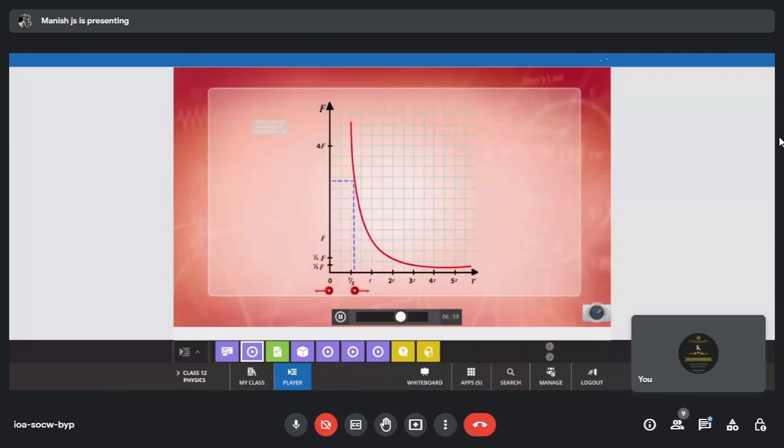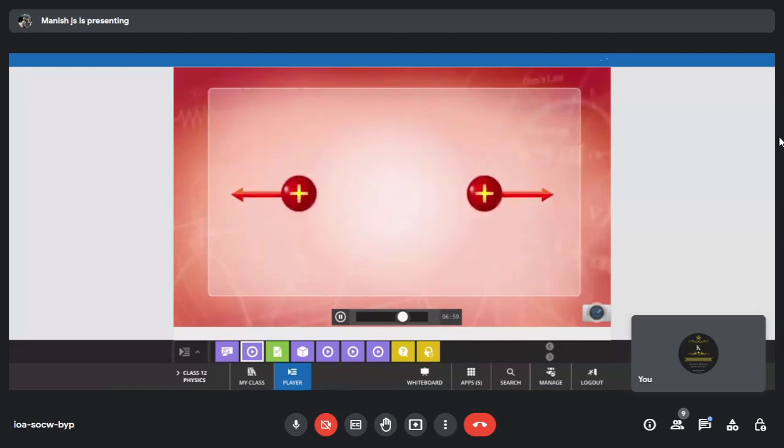Observe that if we reduce the distance by 2-fold, the force increases by 4-fold. Or, if we increase the distance by 3-fold, the force reduces by 9-fold. Coulomb also found that F is directly proportional to the product of q1 and q2. So, combining these 2 relations, F is proportional to q1 q2 upon r squared.